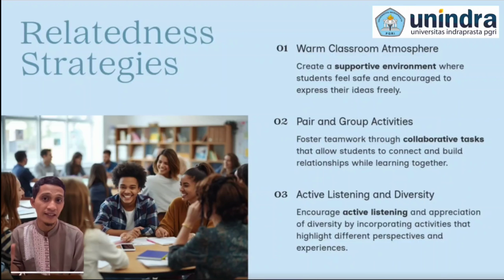Using collaborative tasks is a perfect way to foster teamwork. It allows students to connect, build relationships, and learn together. And last, active listening and diversity. We must encourage active listening and an appreciation for diversity. We can do this with activities that highlight different perspectives and cultural experiences.